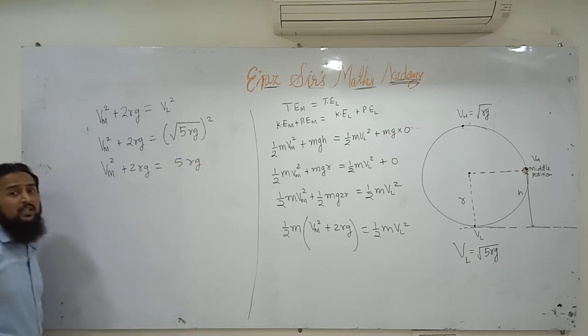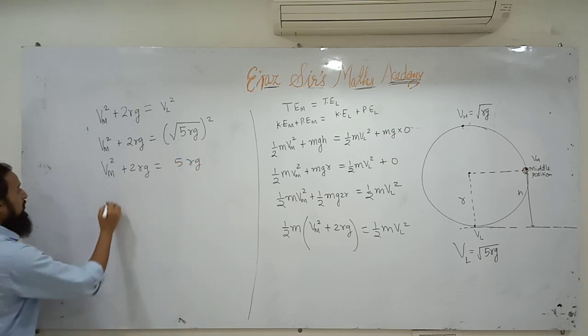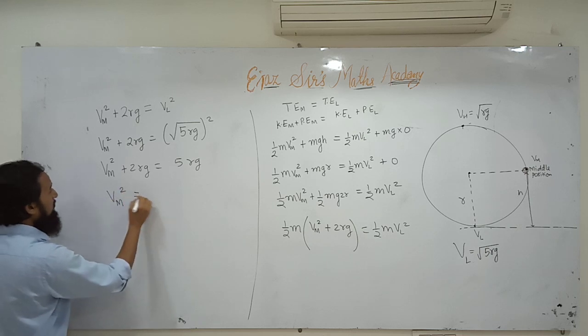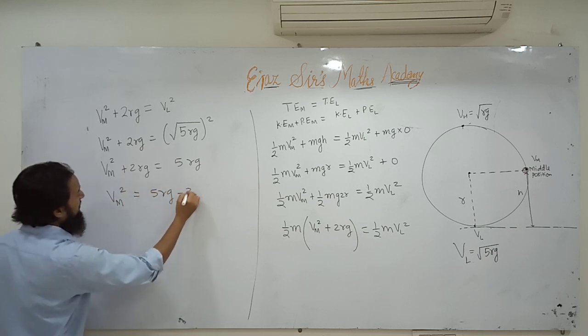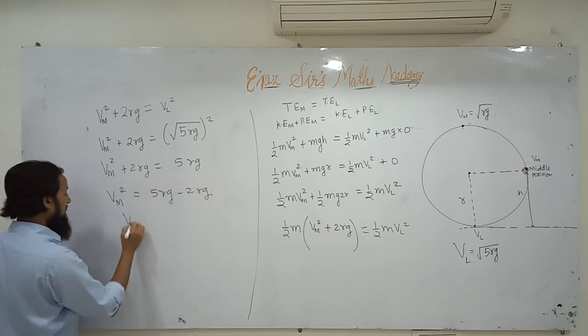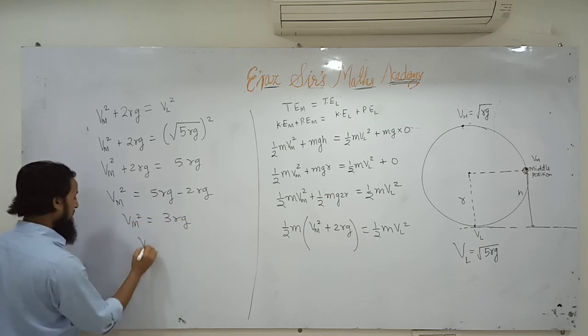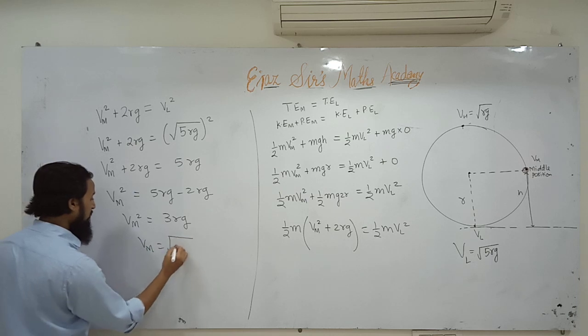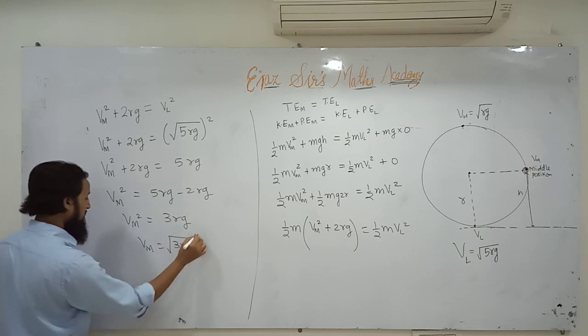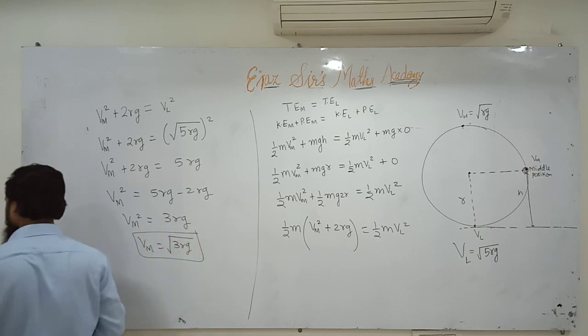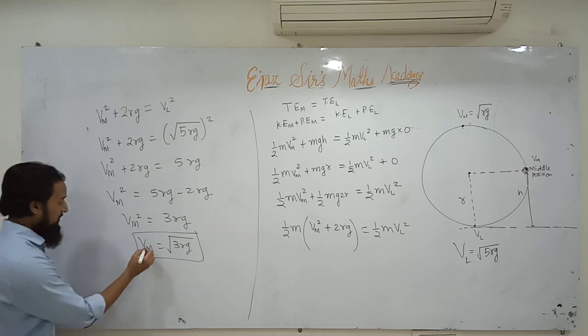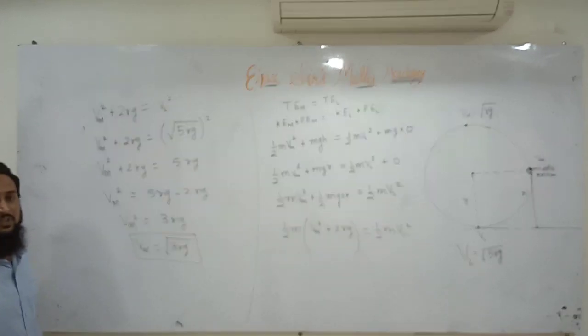Root and square will get cancelled. So Vm square is equal to 5Rg minus 2Rg. Vm square is equal to 3Rg and Vm will be equal to square root of 3Rg. Understood? Vm will be under root of 3Rg.